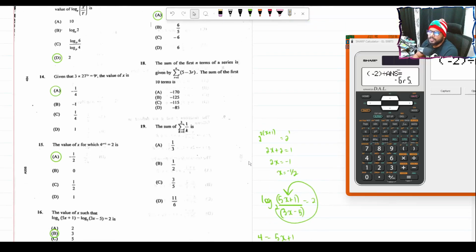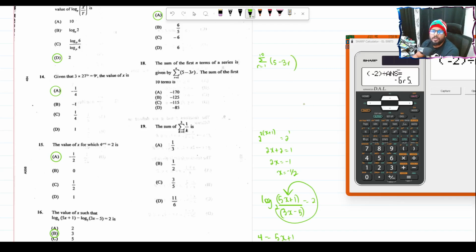The sum of the first n terms of a series is given by this. The sum of the first 10 terms is, so if this is the sum of the first n terms, then the sum of the first 10 terms occurs when n is 10. So I'm going to have the summation when r goes from 1 to 10 of 5 minus 3r.